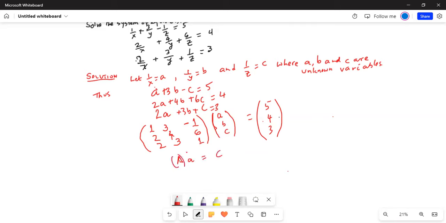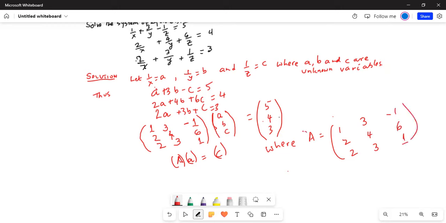So matrix A times matrix small a is equal to matrix C, where A is equal to 1, 2, 2, 3, 4, 3, and minus 1, 6, 1. It's a coefficient matrix.